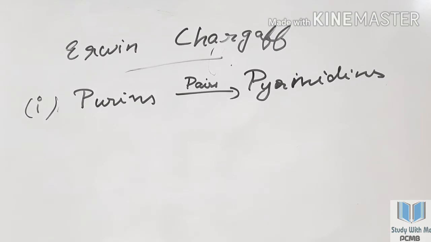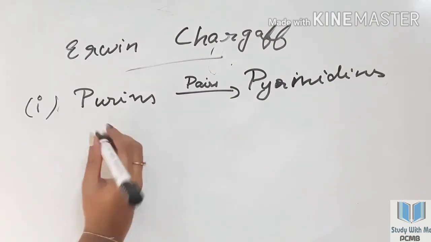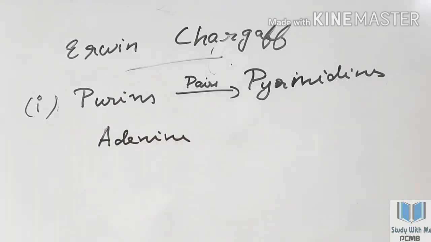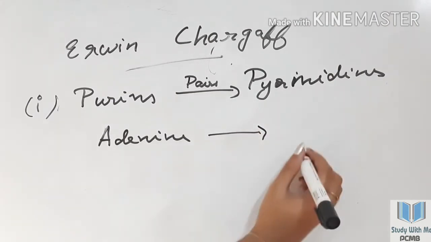And I have also told you that there are two types of purines and three types of pyrimidines. But now we are talking about DNA, not RNA, so uracil will not be there under pyrimidines. The purine adenine pairs with thymine.